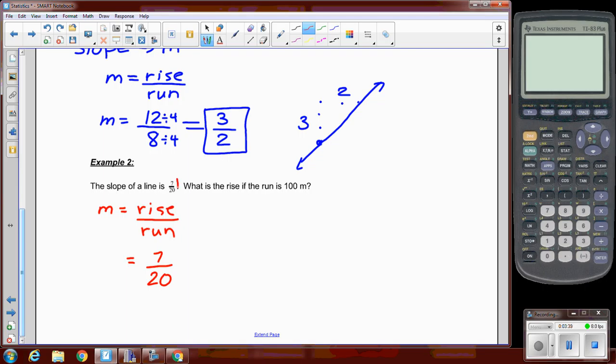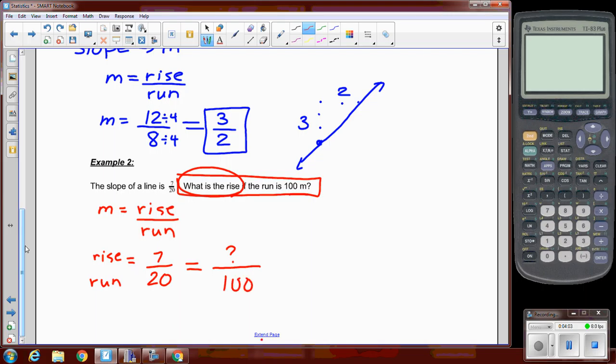But the question's saying, what would the rise be if the run is 100 meters? So we could set up a proportion. We could say 7/20ths. This is my rise, this is my run. We read the question carefully. It's saying, what is the rise? So that's my unknown, the top thing is the thing I don't know, if my run is 100 meters.